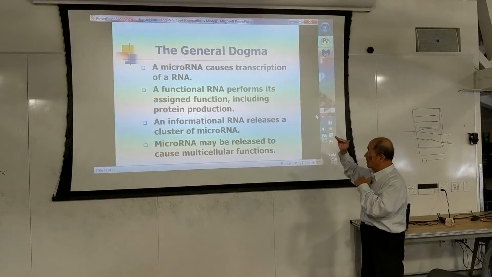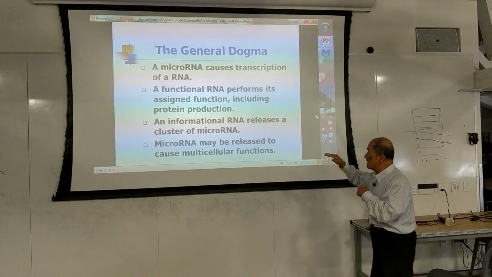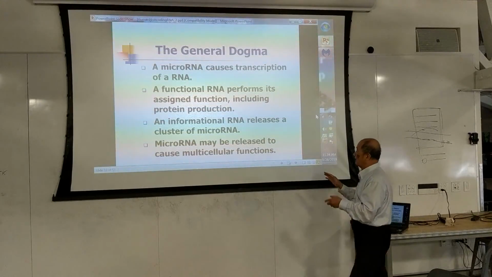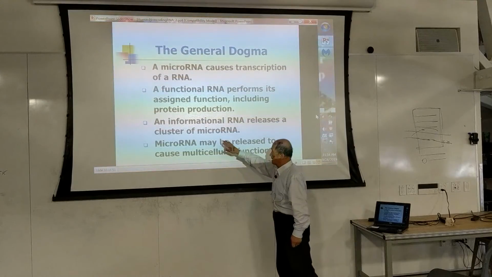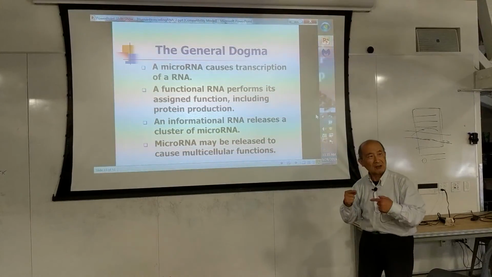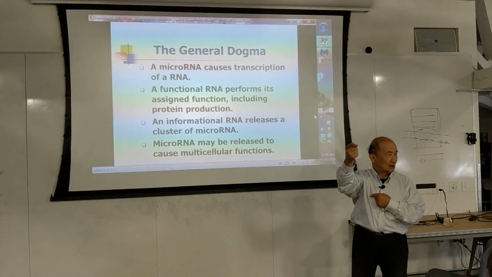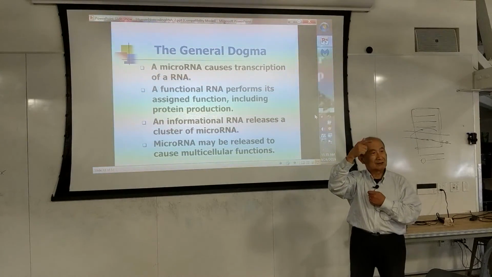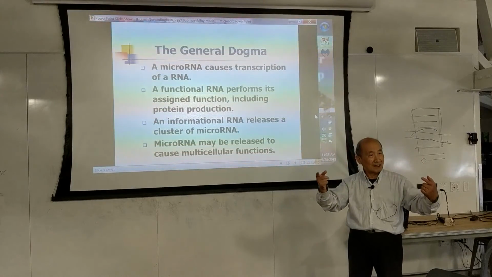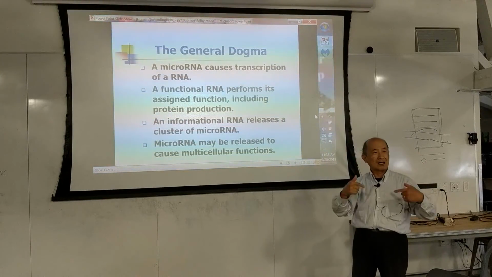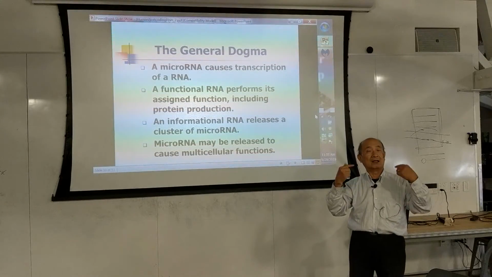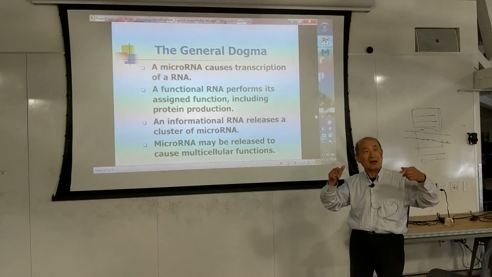These informational RNA will release clusters of microRNA. These microRNA go back to the DNA and cause release of RNA. And this RNA, if it happens to be informational RNA, will release another cluster of microRNA, and so forth, and so on.